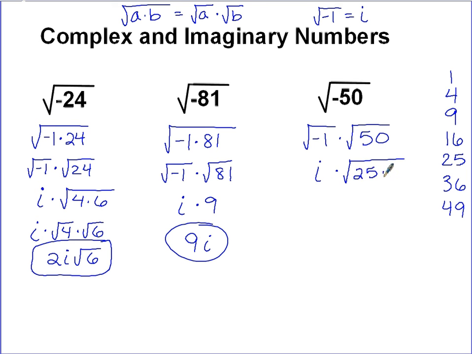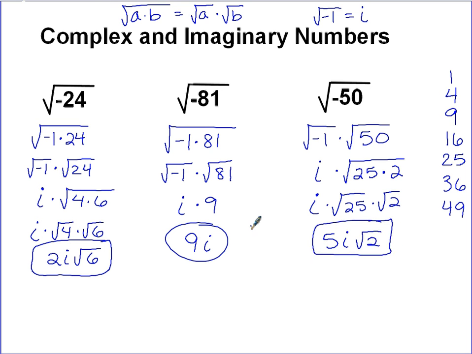So I'm going to go 25 times 2, which will get us 50. And now I can split that up into two radicals. The square root of 25 times the square root of 2. And we do that because we can actually take the square root of 25. It is 5. And so this is 5 times i with the root 2. And that is in simplest radical form.